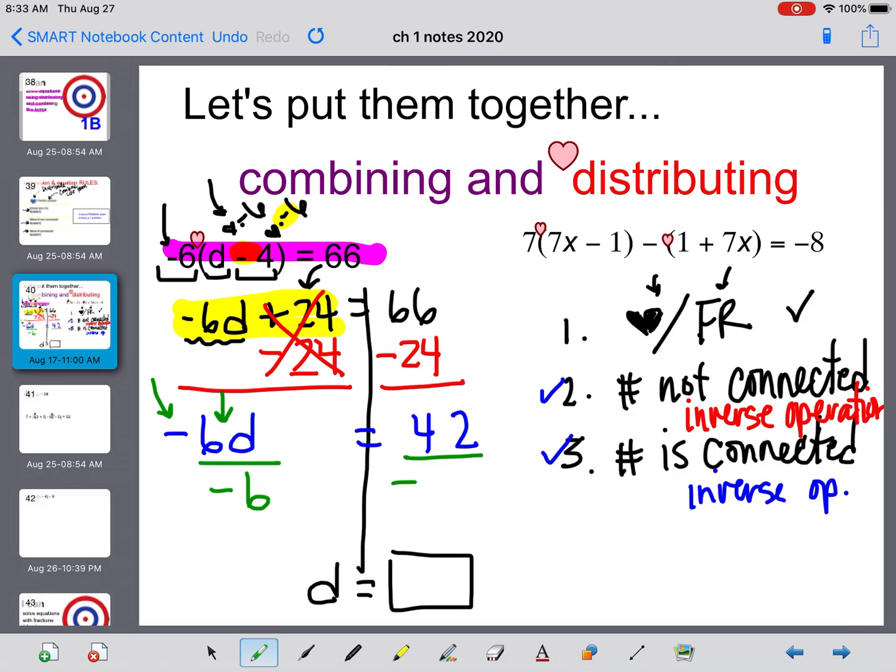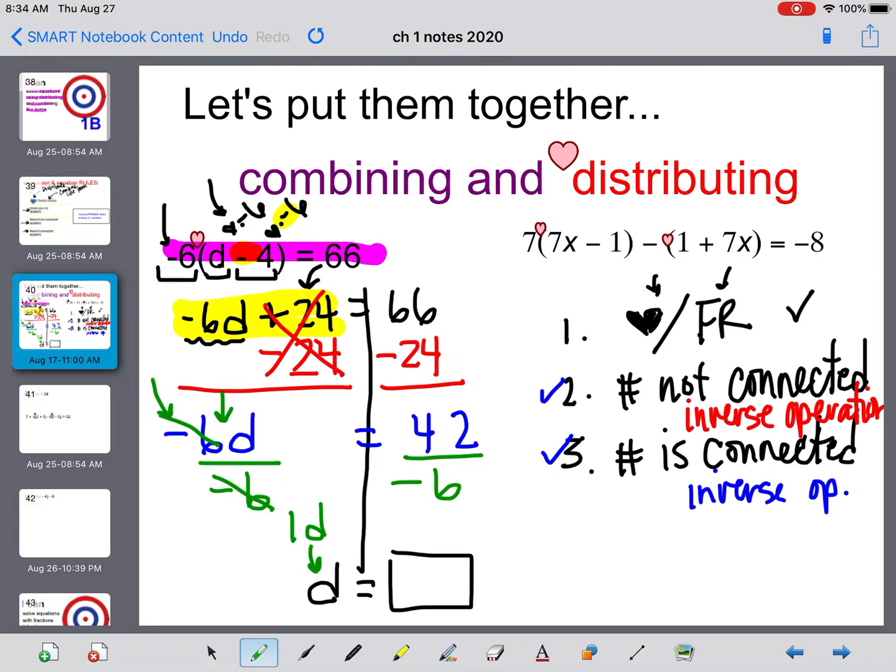So we're going to use division to undo the multiplication that's happening here. And if I divide the left-hand side by negative 6, I need to divide the right-hand side by negative 6. When I divide by negative 6 over here on the left-hand side, this negative 6 divides and gives me 1D, right? Well, remember, 1 times D is just D. It's the same thing.